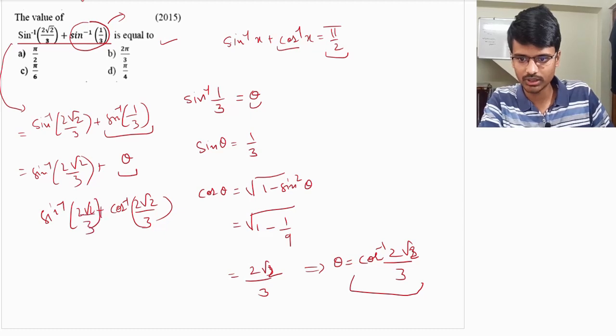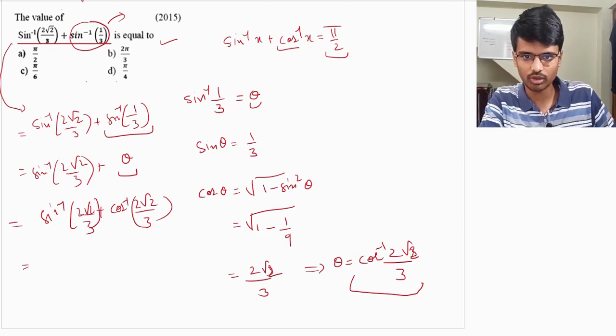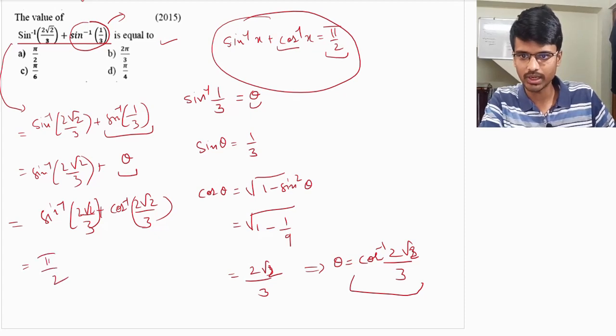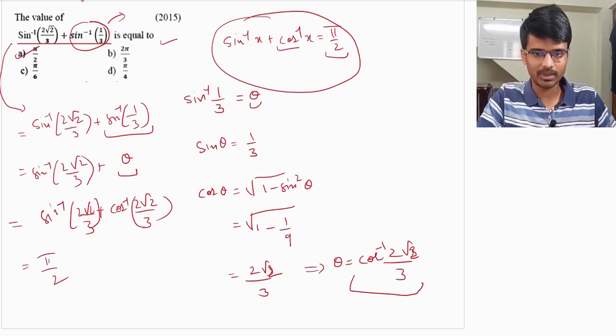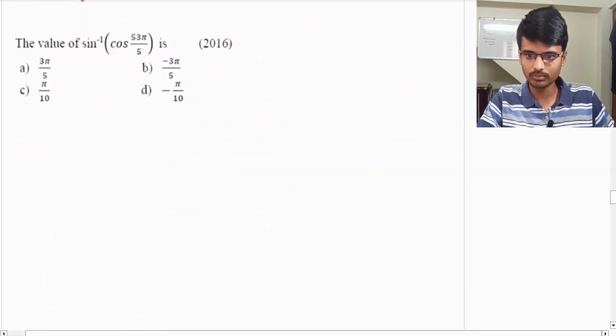Now I can apply my standard formula. It is pi by 2. Simple, right? So I have done it step by step. This might look lengthy to you, but it is a very easy question. You just need to look at the question, simplify it, bring it to the standard form and apply the standard results. That's it. Moving on.